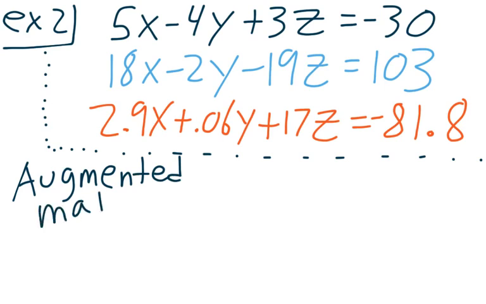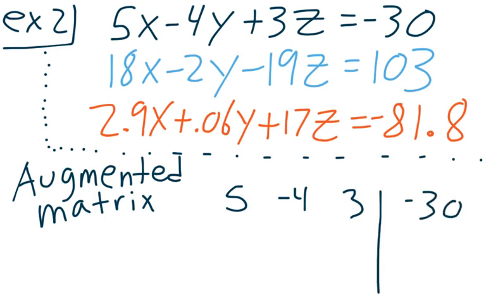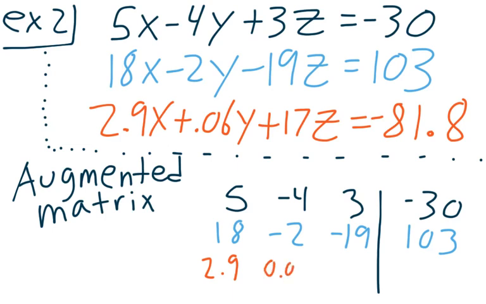So I'm going to take this and make it a matrix. That first row, I'm just going to show it as it is. So it's going to be 5, -4, 3, -30. Leave a little space between each side of the equation. And then row 2: 18, -2, -19, and 103. And then row 3: 2.9, 0.06, 17, and -81.8.